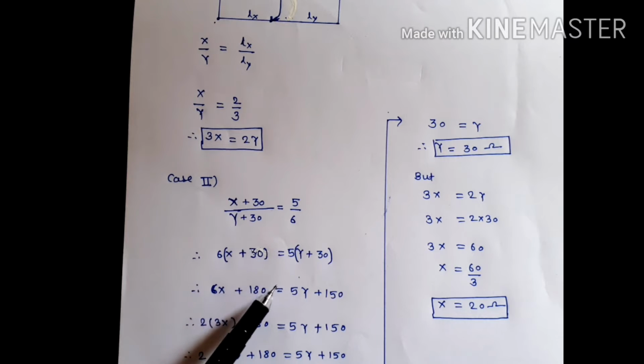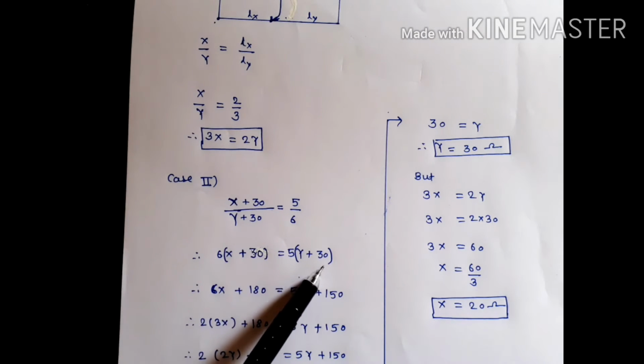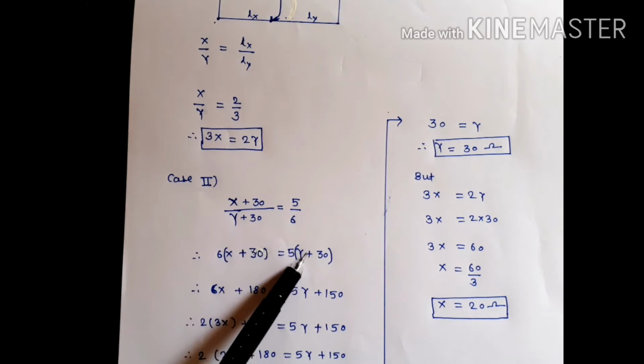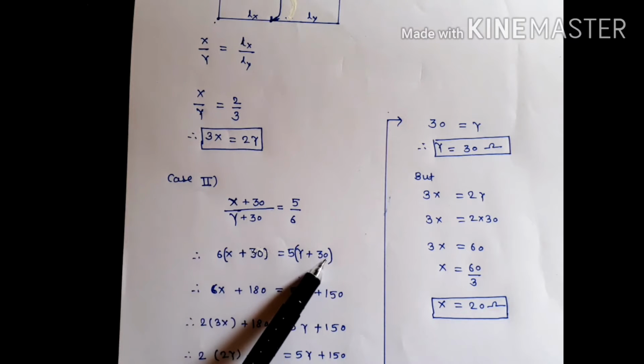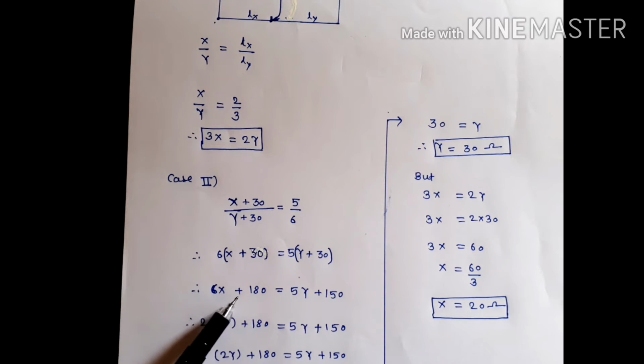In a similar manner, on RHS, we multiply 5 to each term in the bracket, therefore it becomes 5y plus 150. So 6x plus 180 is equal to 5y plus 150.